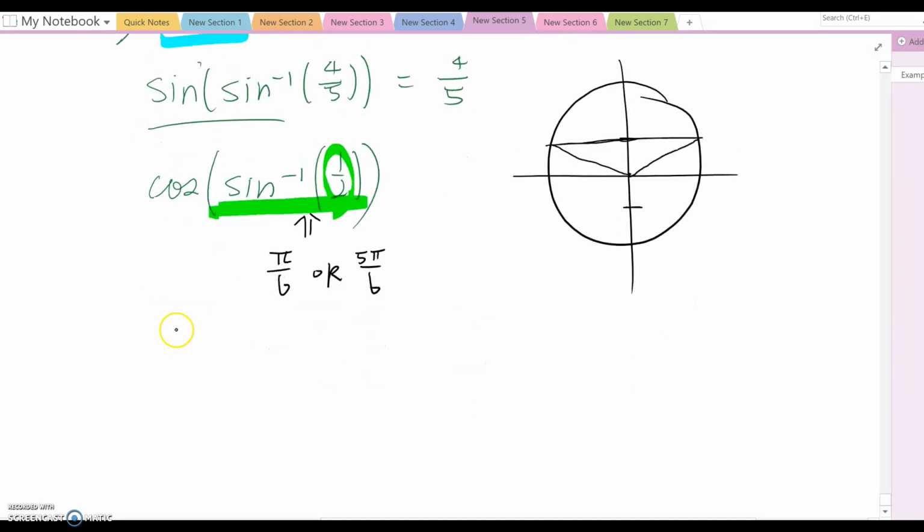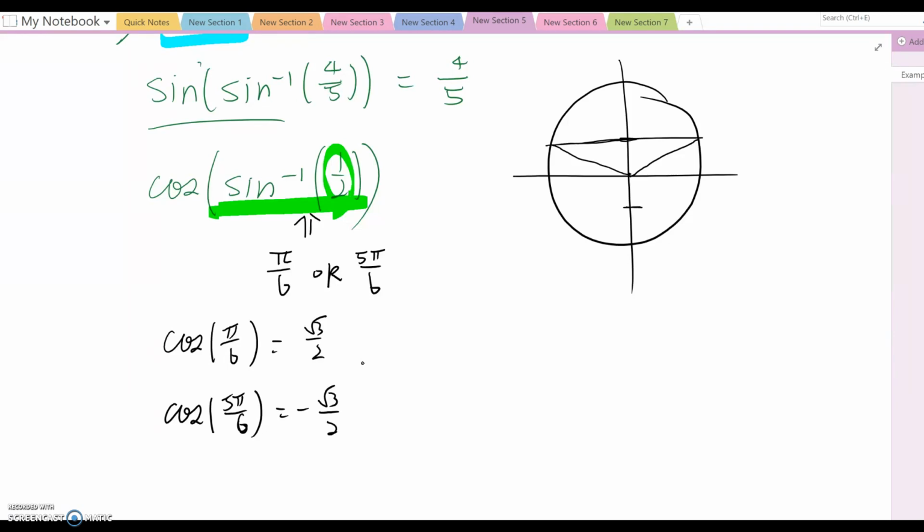Therefore, in this case you can generate cosine of pi over 6 and cosine of 5 pi over 6, and the answer becomes root 3 over 2 and negative root 3 over 2. But if we are limited to maybe quadrant 2 or quadrant 1, then you have to choose one of them anyway.